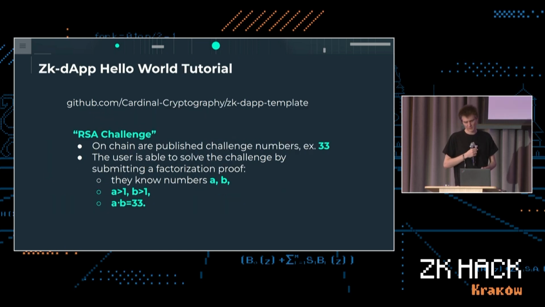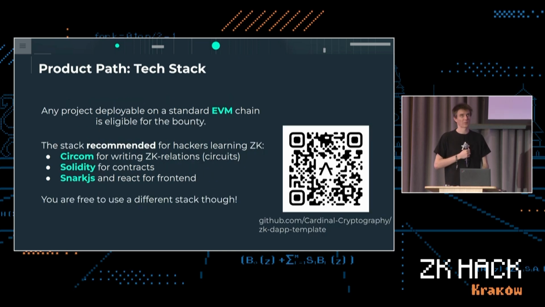So what we have prepared for the hackathon is a very simple repository with an example of an app using this particular stack. So this is actually the link, the QR code, to the repository.